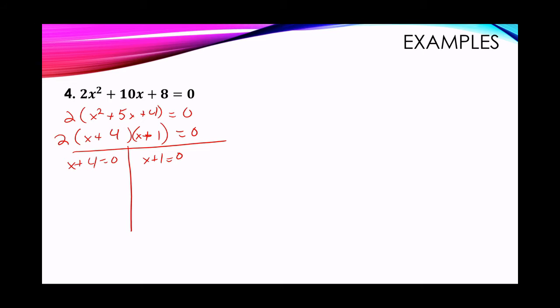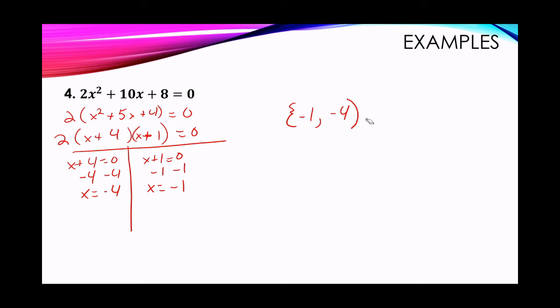We need to figure out what x makes those zeros. For the very first one, I'm going to subtract 4 on both sides. I'm going to get x equals negative 4. The second one, I'm going to subtract 1 on both sides to get x alone. And it's going to equal x equals negative 1. And so my solution here is just negative 1, negative 4.